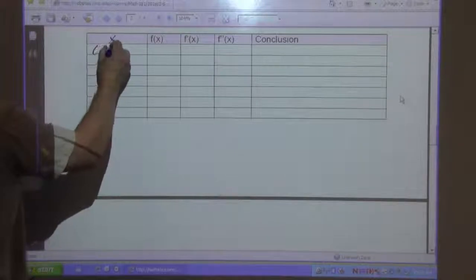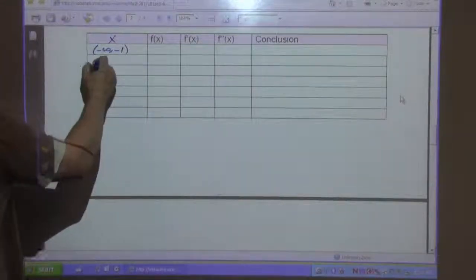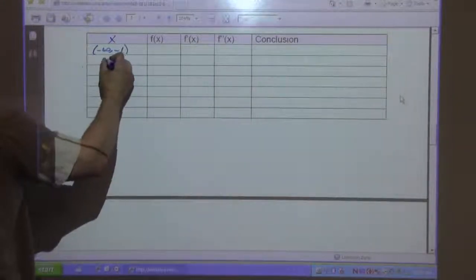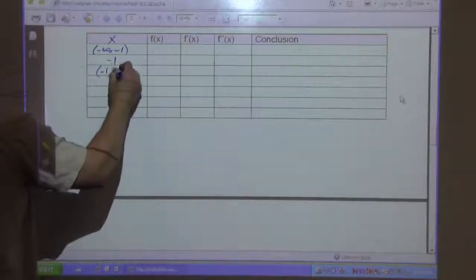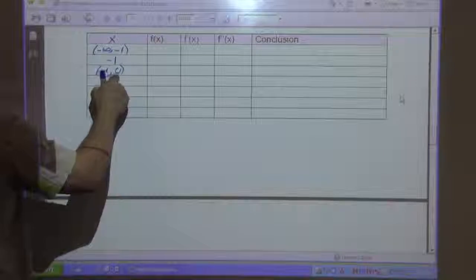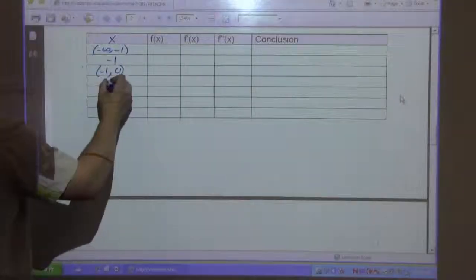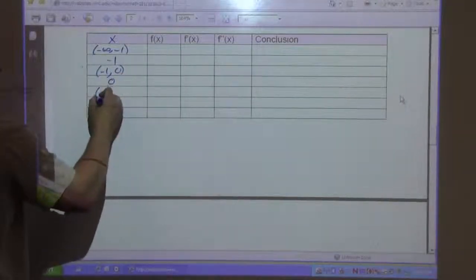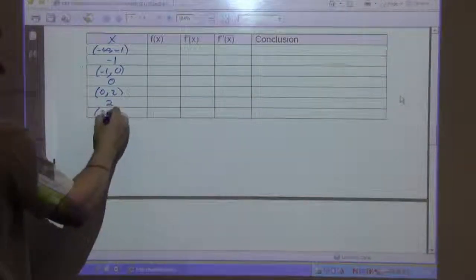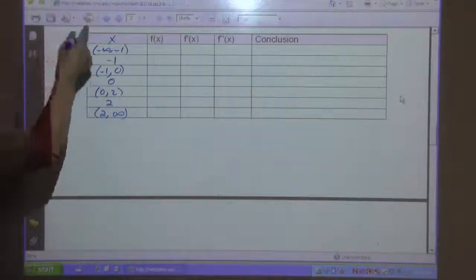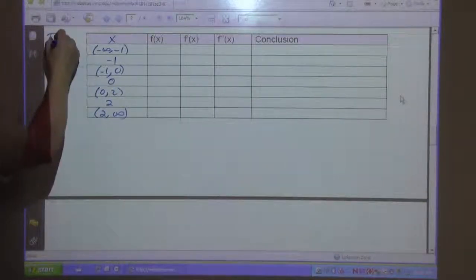So we have negative infinity to negative 1, because that was a critical value. We're going to see what happens at negative 1. We're going to go from negative 1 to 0, because that's another value in question. We're going to see what happens at 0. We're going to go from 0 to 2, see what happens at 2, and then 2 to infinity. I should have had one more column here for test value.